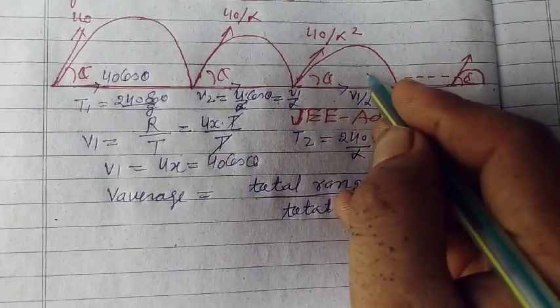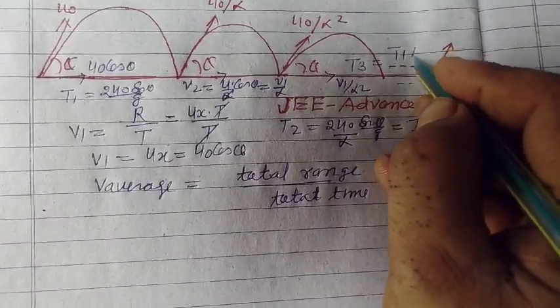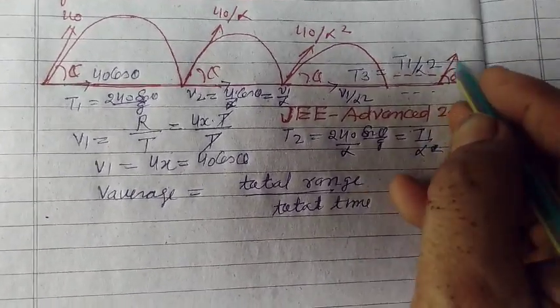Similarly, t3 in the third section is t1 upon alpha square, and so on.